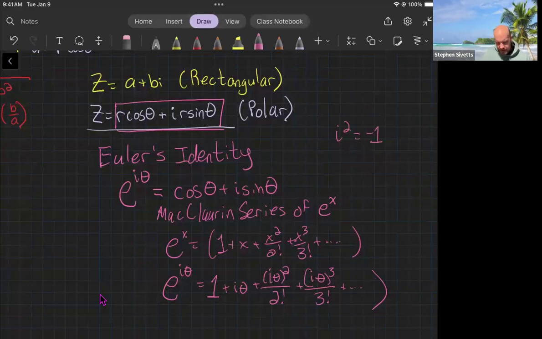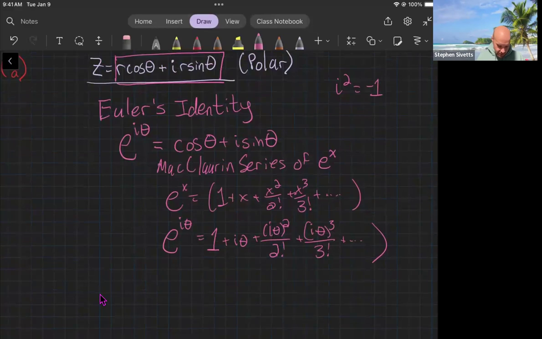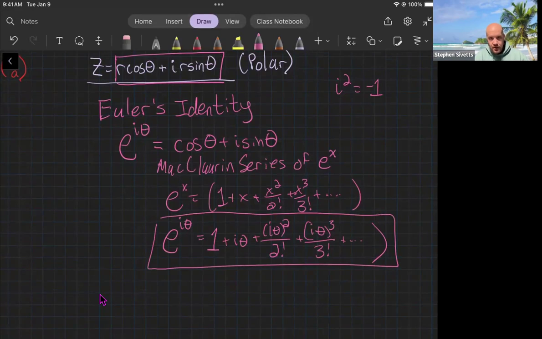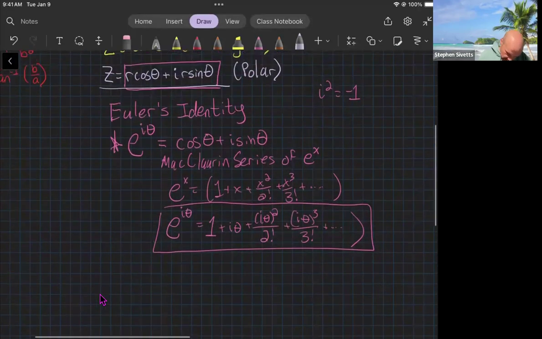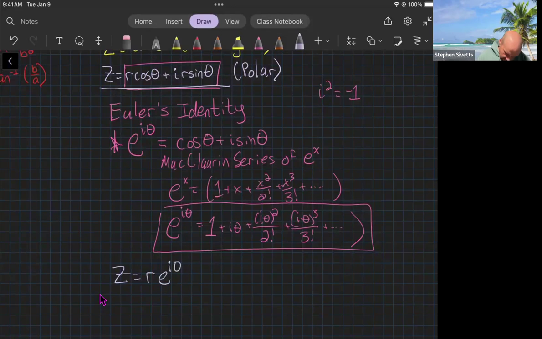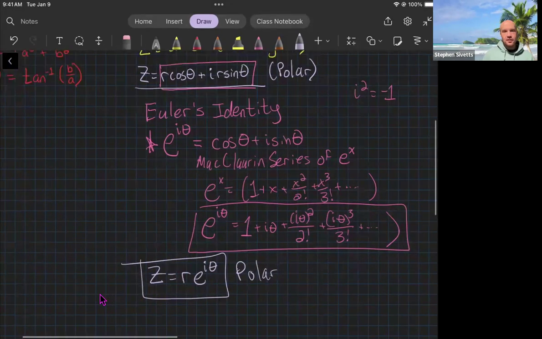This is a good exercise for you: manipulate the right-hand side of this equation, and you'll get the Maclaurin series for cosine of theta and for sine of theta, and you'll arrive at this conclusion. So we can actually write z as r times e to the i theta. This is just another way to express the polar form of a complex number.